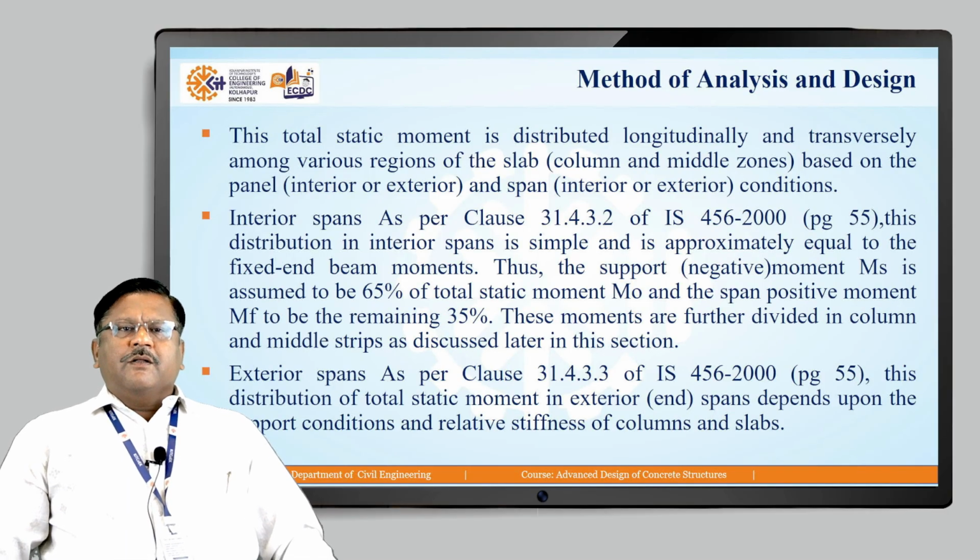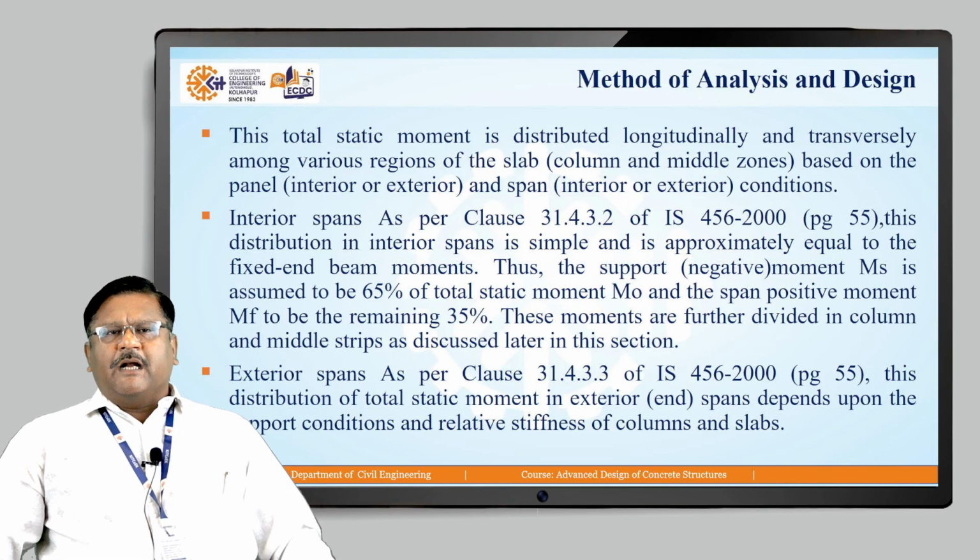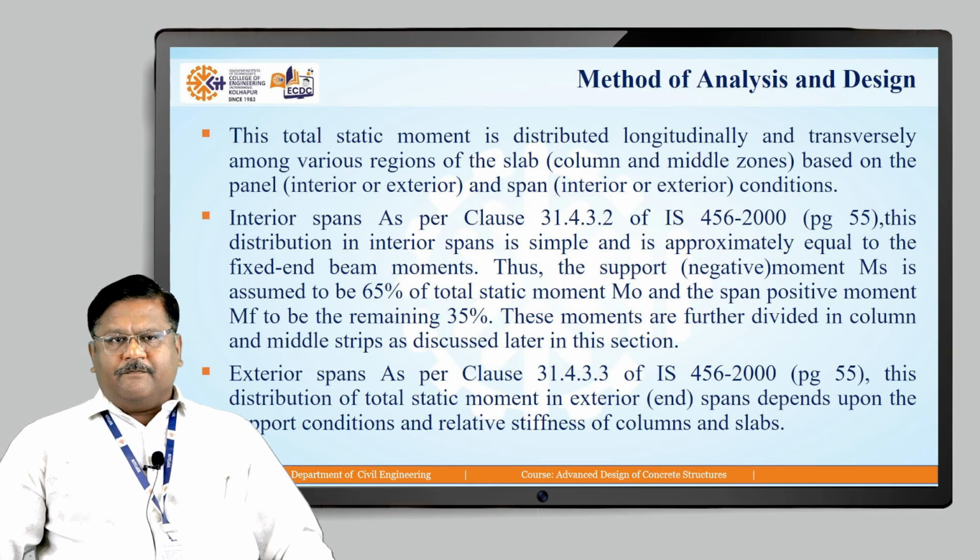Next point, the total static moment is distributed in the longitudinal and transverse directions among the various regions of the slab based on the panel and span. Interior spans, as per clause number 31.4.3.2 of IS 456:2000, the distribution in inner panel is simple and it is approximately equal to the fixed end beam moments.